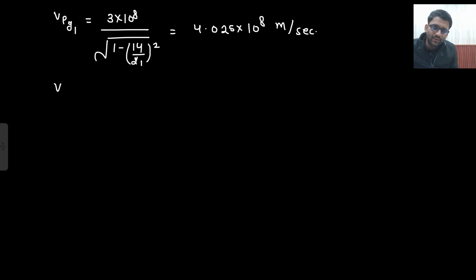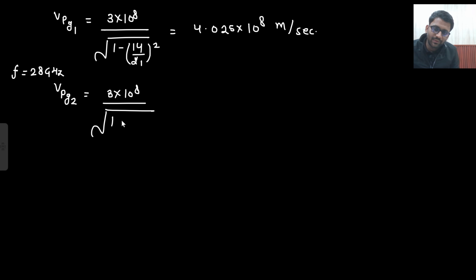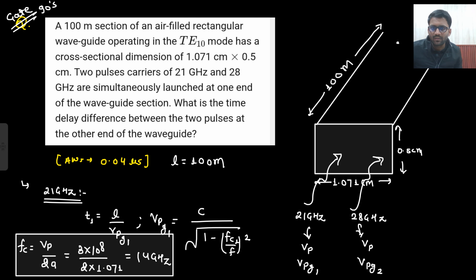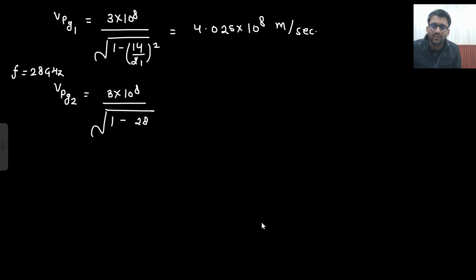And what will be your VPG2? That means VPG2 I am calculating for 28 gigahertz. So what would that be? That would be 3 into 10 to the power 8 divided by under root 1 minus 14 by 28, because FC is 14, divided by 28.